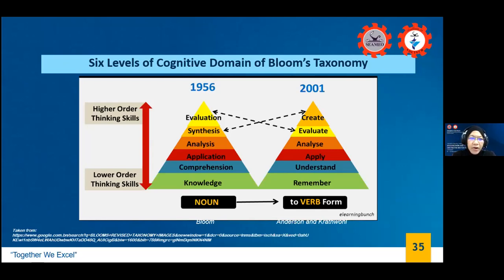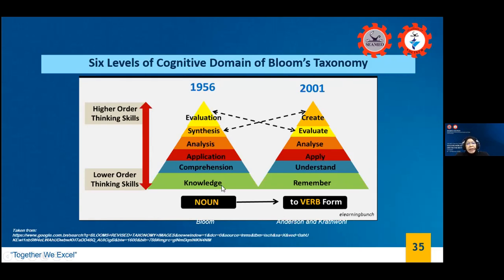So I think you are aware of that. But the 3 levels capture the 6 levels of cognitive domain, which are remembering, understanding, applying, analyzing, evaluating, and creating.